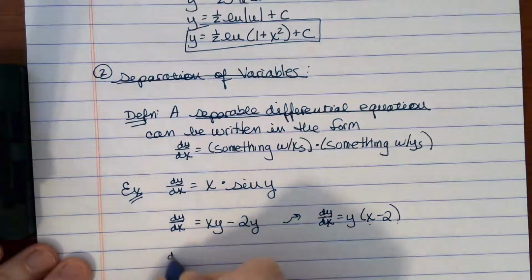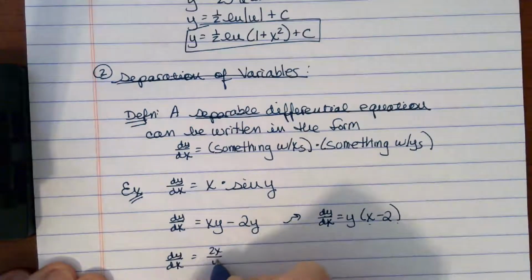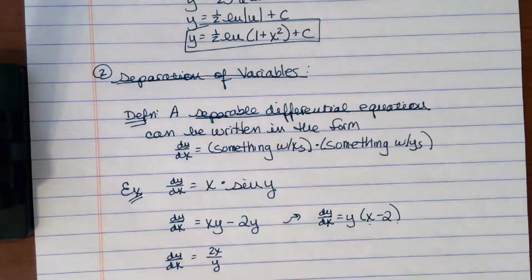One more. dy/dx equals 2x over y. That's separable because we can say it's 2x times 1 over y. These are all examples of separable differential equations, and these are all examples of things that we will learn how to solve in the next 15-20 minutes or so.